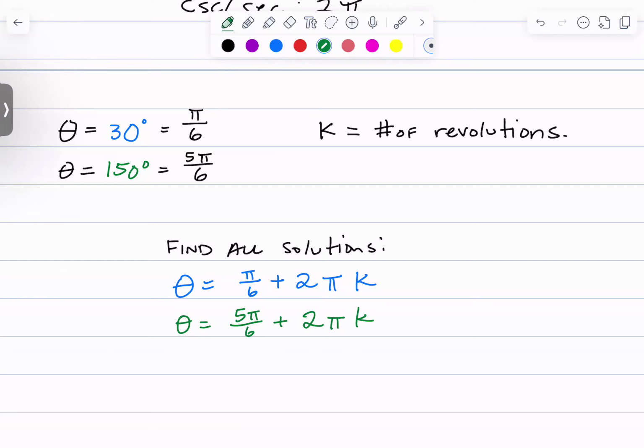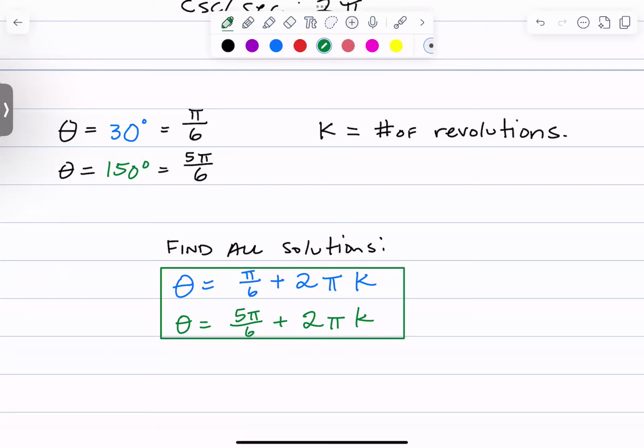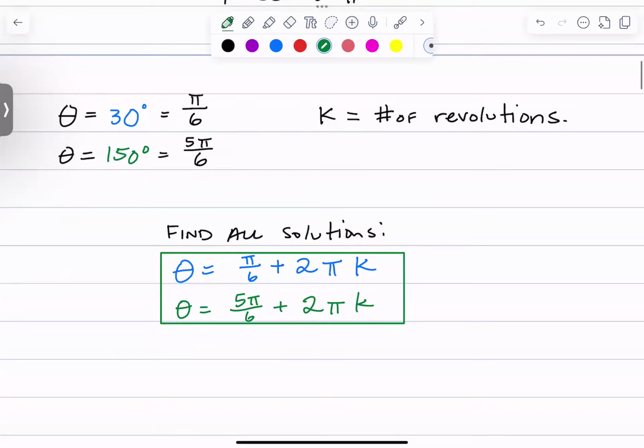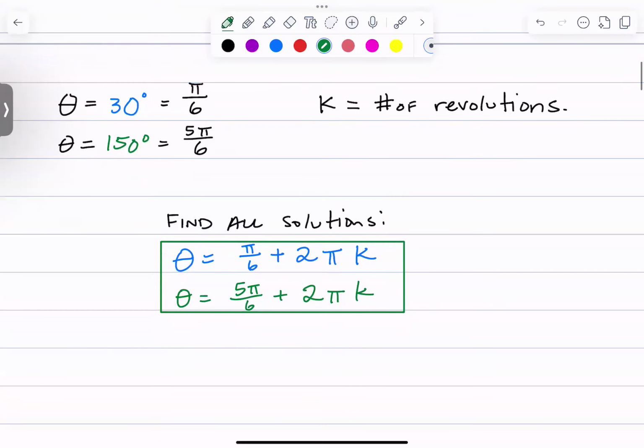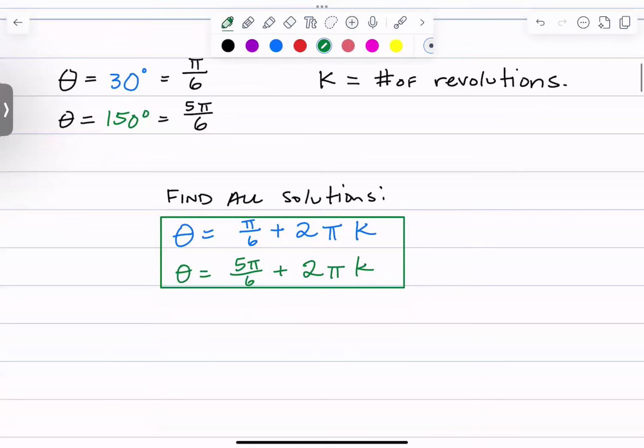Okay. Questions on this? So this is the answer to find all solutions. All right.